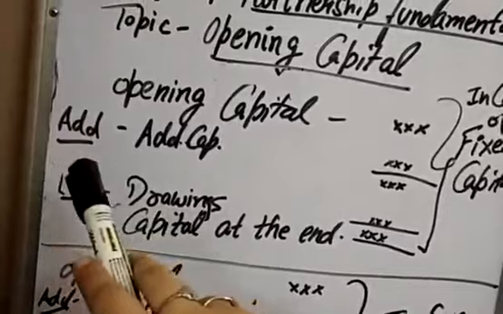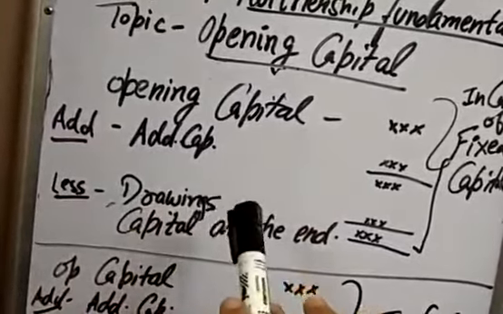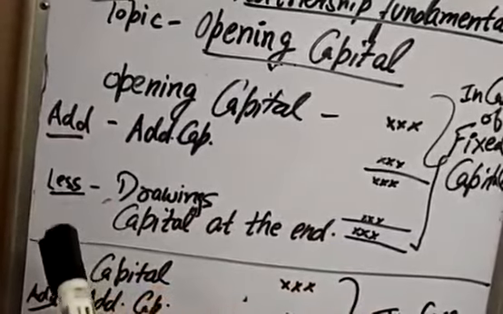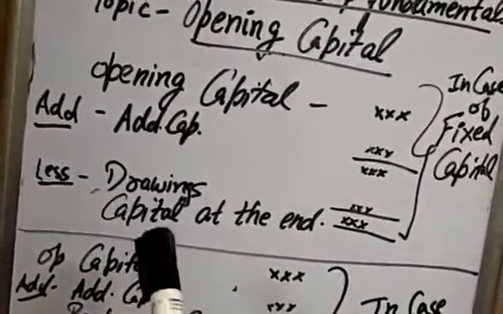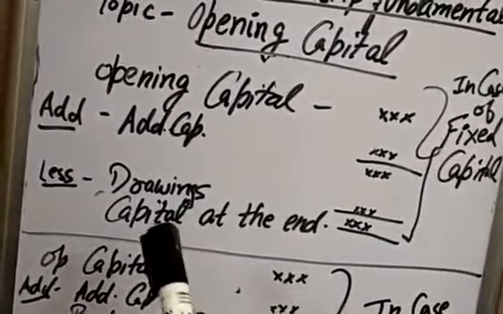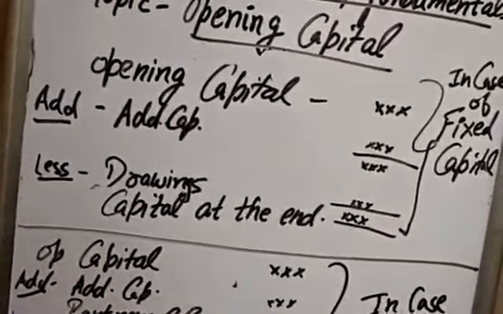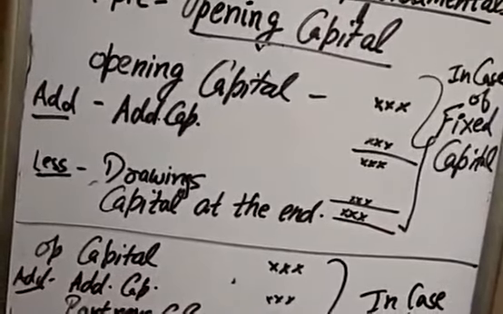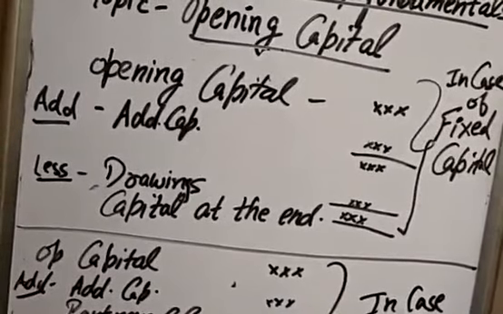Then if any additional capital is introduced, we add that additional capital, and if there are any drawings made in the year, we deduct those drawings, and our answer is the capital at the end, which is also known as the closing balance, right? If we do it in account form, then we call it the closing balance, which is capital at the end.